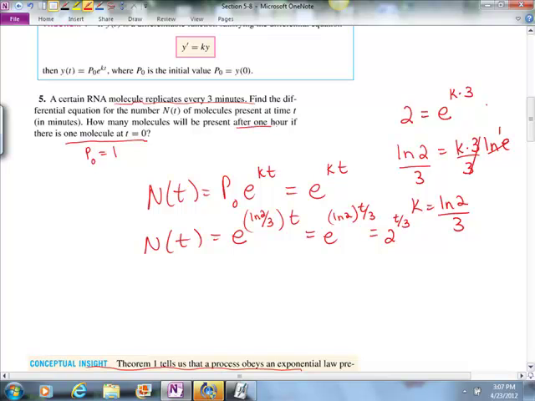So if they want to know how many are present after 1 hour, then n of 60, because remember t is in minutes, will be equal to 2 to the 60 over 3, or 2 to the 20, which you can type on your calculator. 2 to the 20 is about 1,048,576.